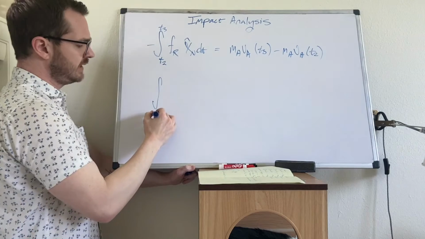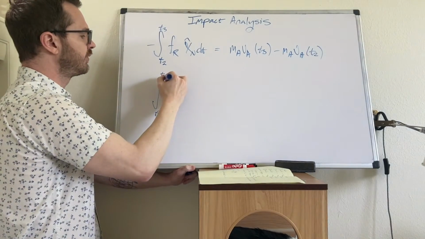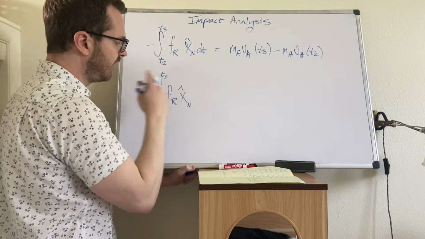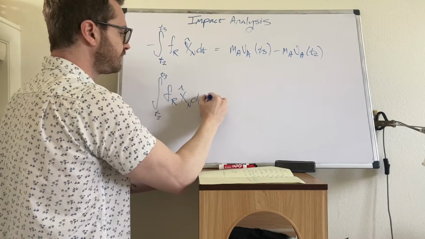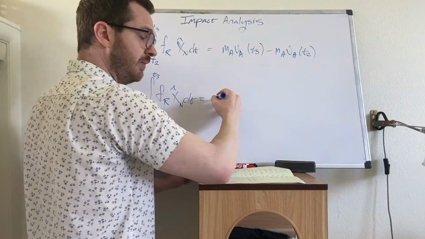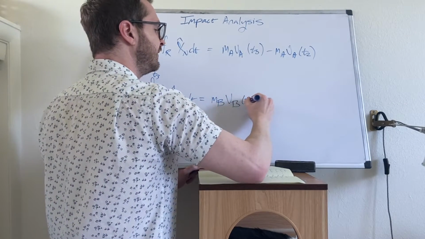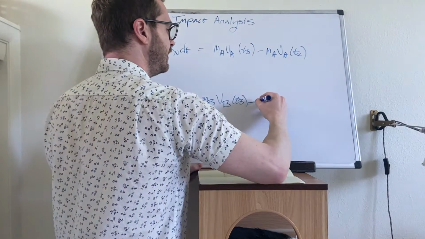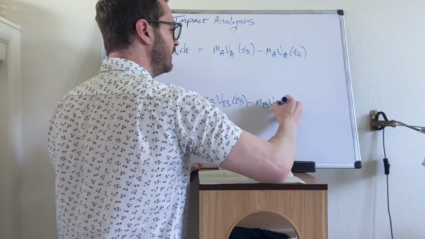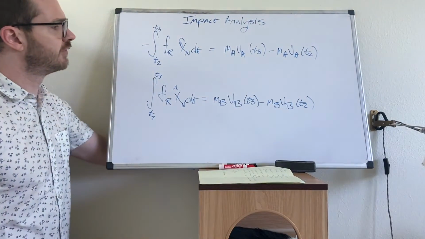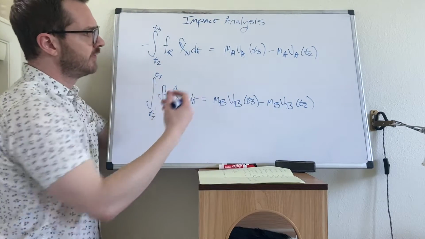And then for body B, time 2, time 3, the restitution force in the positive x hat n direction, and then the change in momentum of body B. So MB, VB, T3, minus MB, VB, T2. Okay. And of course, you can go through and put in the specifics about the Q dots.